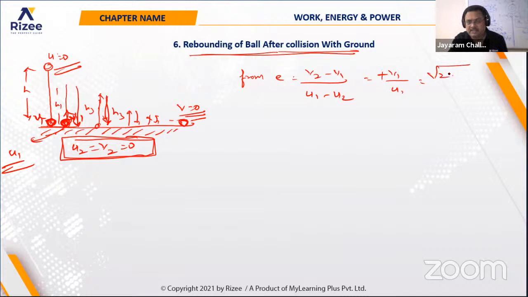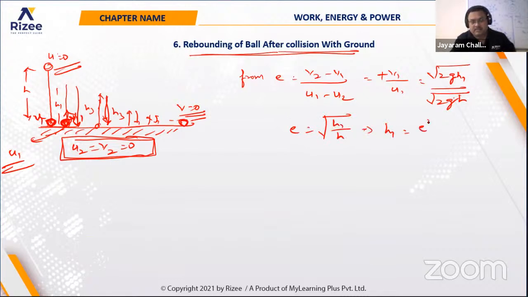v1 can be written as root 2g, since it is going to rise up to only h1, and it is coming from a height h. Root 2gh1 over root 2gh, so e is equal to root of h1 by h. Or from this, h1 is equal to e square times h. Like this, if you have a second collision, that is h2, then h2 can be written as e square whole square into h1.